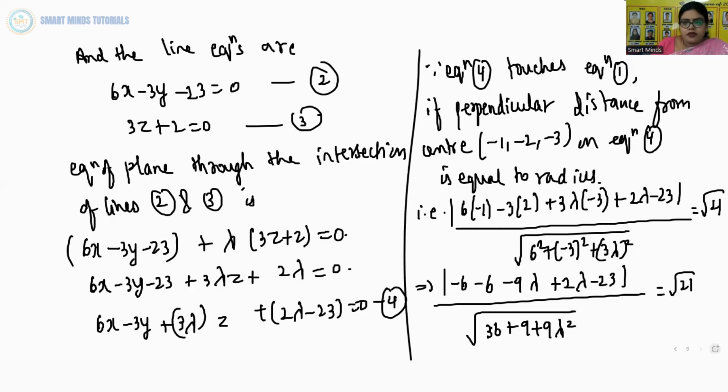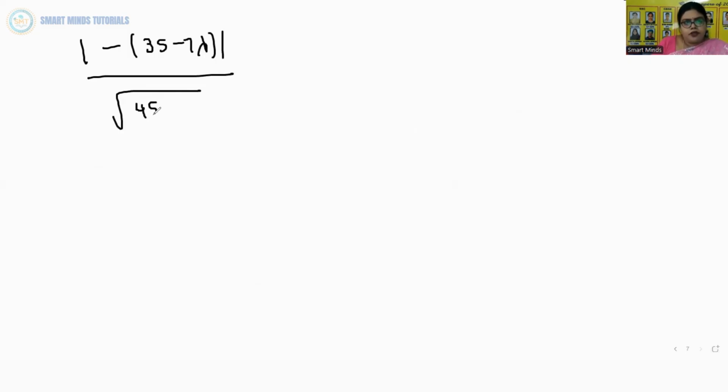So let's simplify after this. We get modulus of minus 35 minus 7 lambda by root over 45 plus 9 lambda square equals root 21.